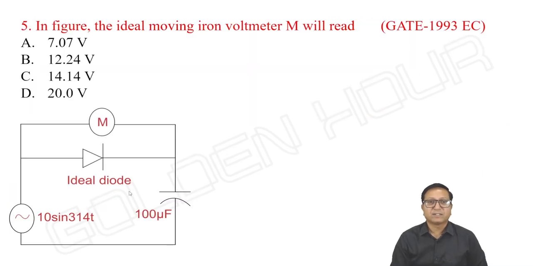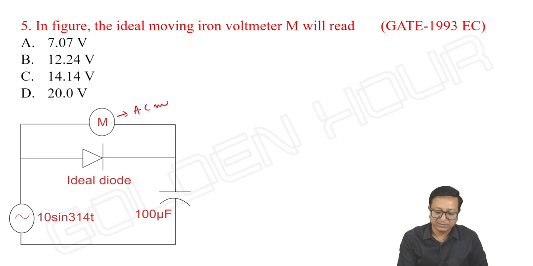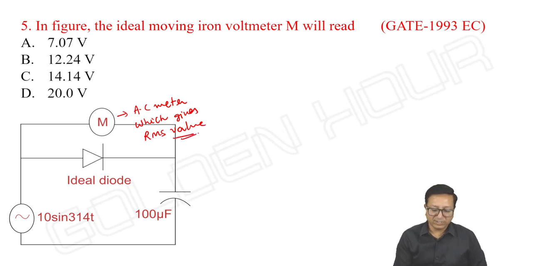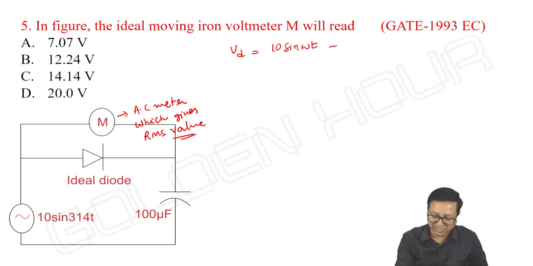In the figure, the ideal moving iron voltmeter M will read. Moving iron voltmeter, it is an AC meter which gives RMS value. Okay, so here what is VD? VD is given by 10 sin omega t minus 10.